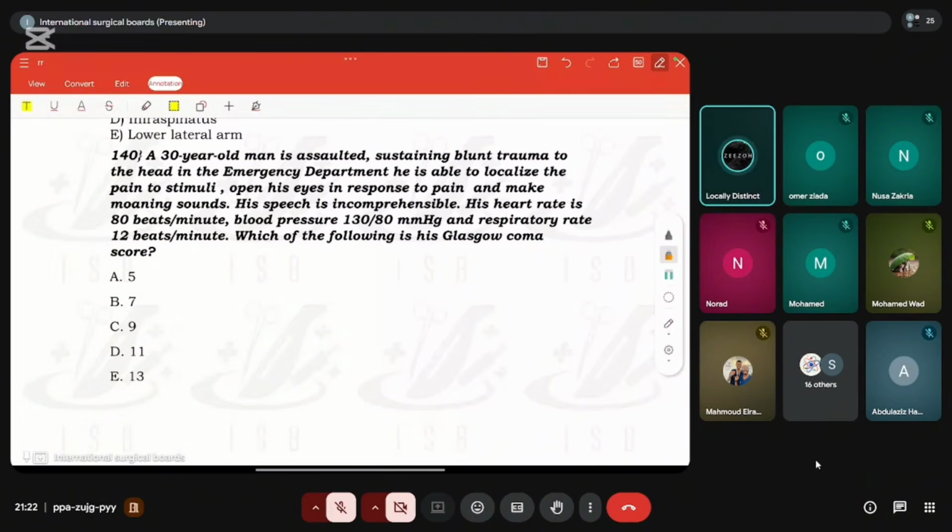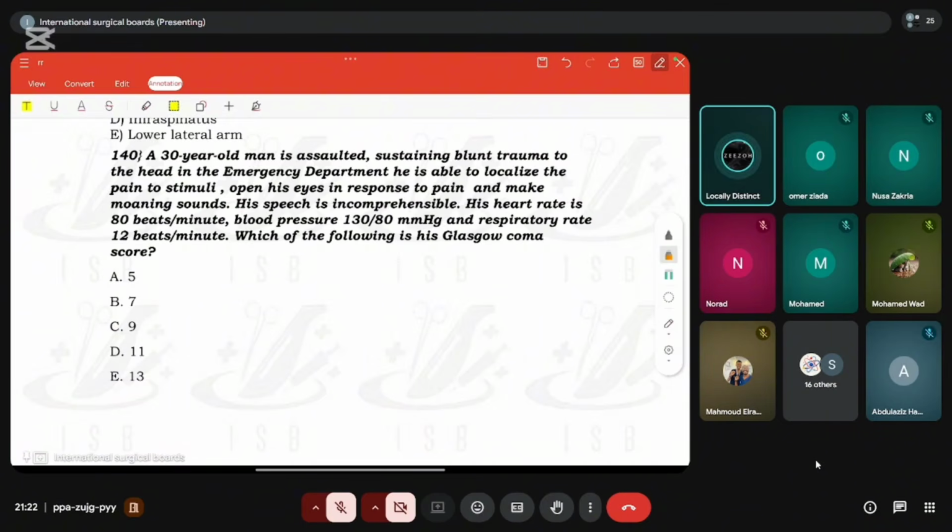A 30-year-old is assaulted and sustained blunt trauma to the head. In the emergency department, he is able to localize pain to stimuli, opens his eyes in response to pain, and makes moaning sounds. His speech is incomprehensible. His heart rate is 80 beats per minute, blood pressure 130/80, respiratory rate 12 breaths per minute.